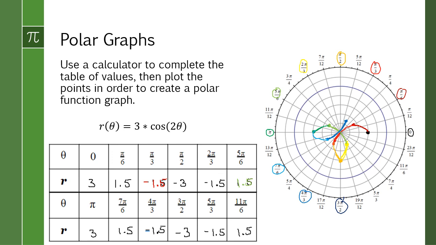So from the origin, 1, 2, 3 units away from the angle. Connect that up. And then 5 pi over 3, radius -1.5. So 1 and a half units away goes there.